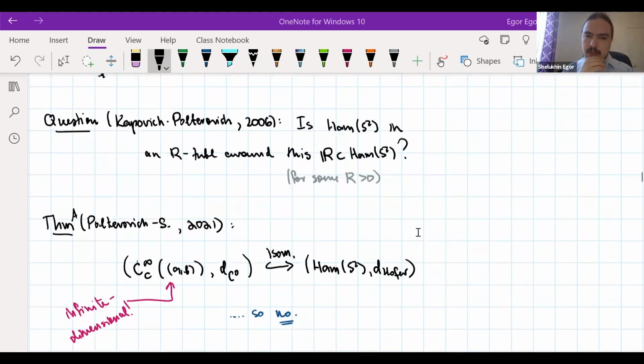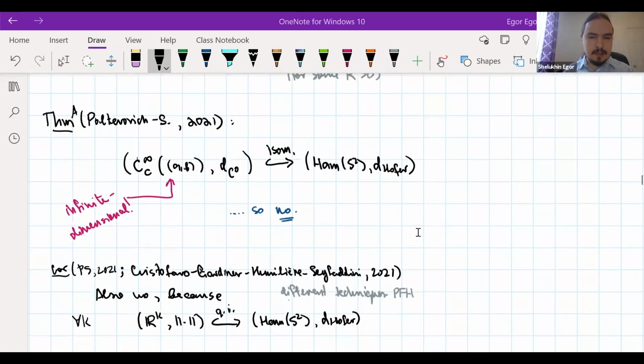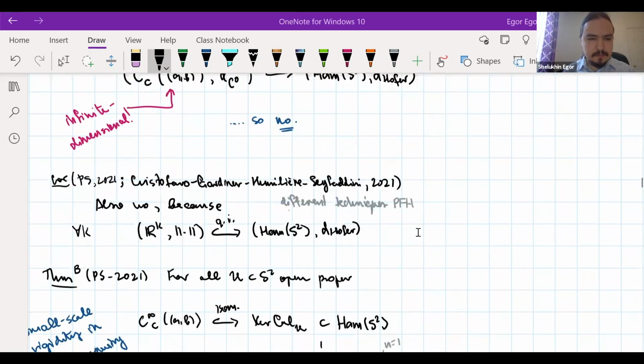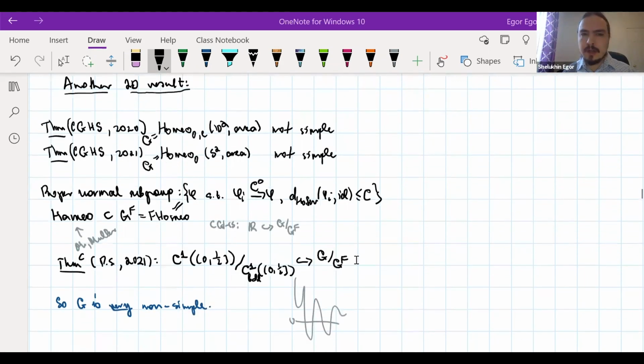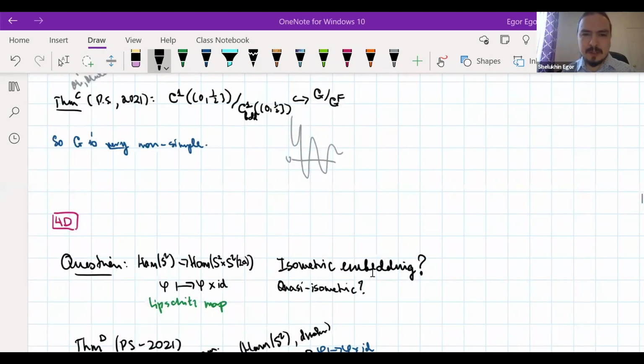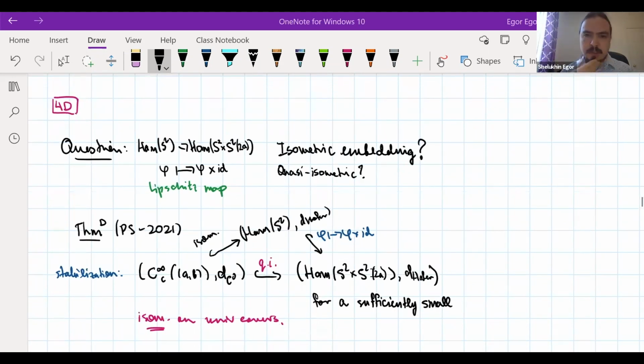the result on Hofer flats in Ham of S2 you can prove working only in S2, and the results on C0 topology you can work only in S2, and I will make a little comment about this in just a sec. In the 4-dimensional results you really must use S2 times S2.